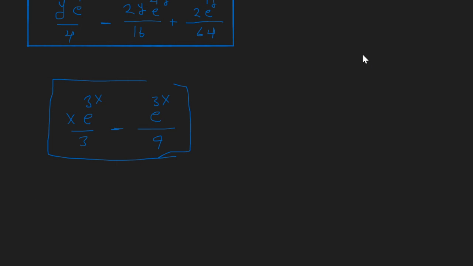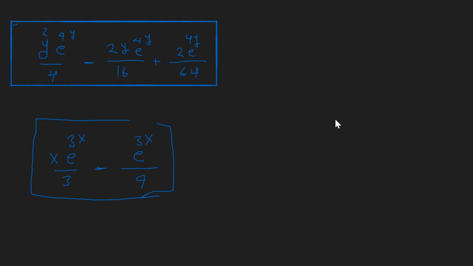So your final answer is basically y squared e to the 4y divided by 4 minus, you can cancel this with this, you'll get 8 here, so minus y e to the 4y divided by 8, and these two will cancel.